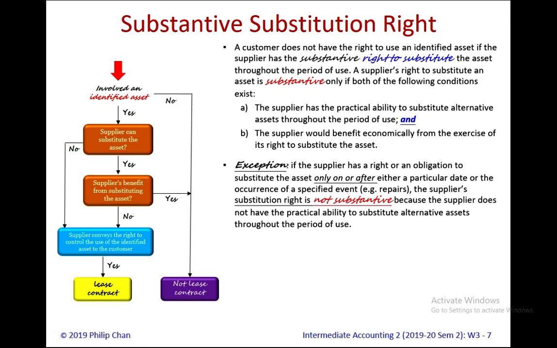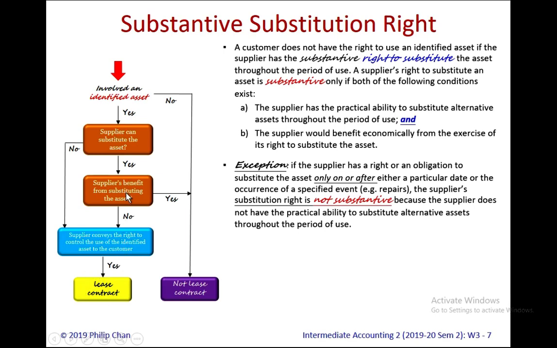So the flow is, can you identify an asset? Yes. Does the supplier have a substitution right which is in fact substantive? If no, then it is likely to be a lease contract.